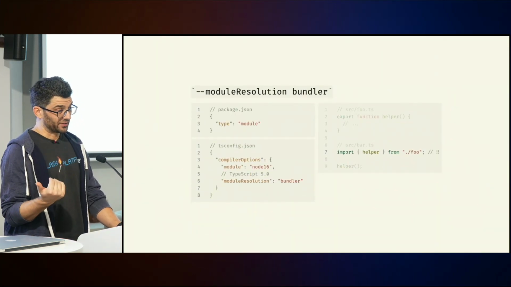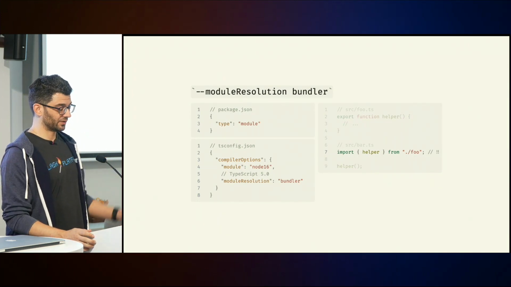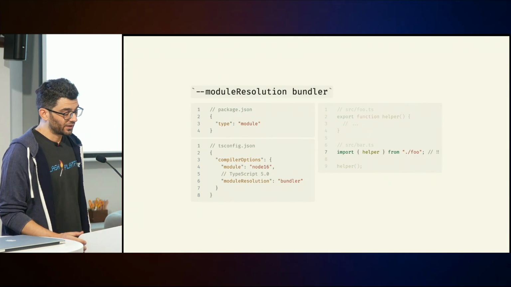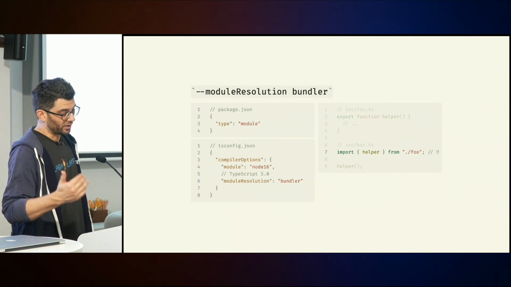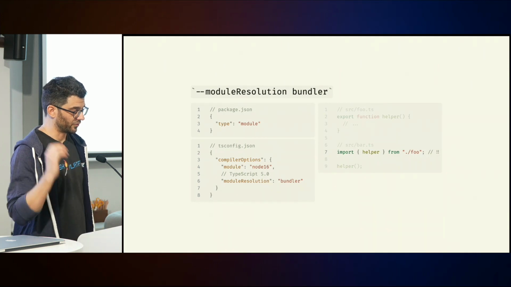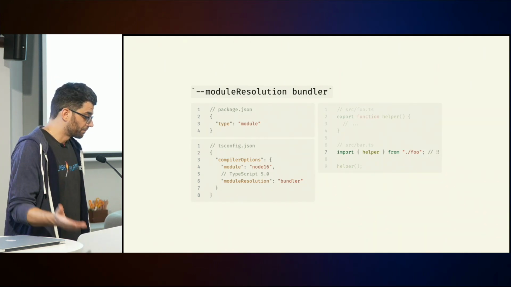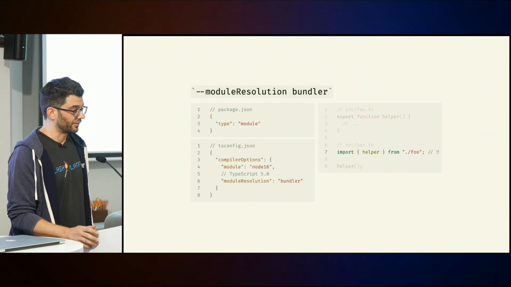If you don't want to have extensions, you use module resolution bundler, again, a TypeScript 5 option. This is probably the kind of code you have been writing before TypeScript 5 or TypeScript 4.7 or before that. You use a bundler. It takes care of all of that for you.